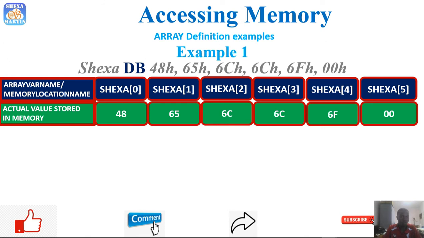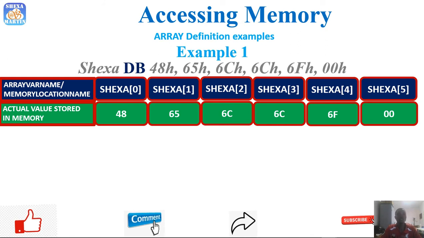These are the actual values in the hexadecimal number system, right? Since our x86 microprocessor deals with numbers in hexadecimal, everything that we type in or program is dealt with in hexadecimal values.